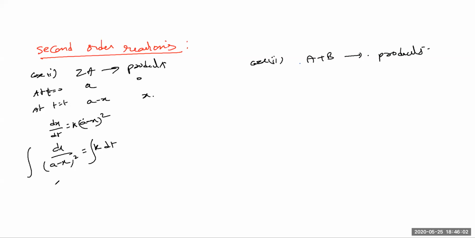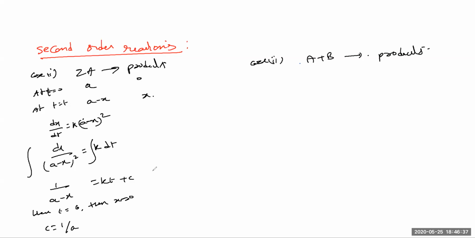Since it is a square, the negative becomes positive. So it is simply 1 by a minus x is equal to kt plus c, the integration constant. We know that when t is equal to 0, then x is equal to 0. From that equation, c is equal to 1 by a.